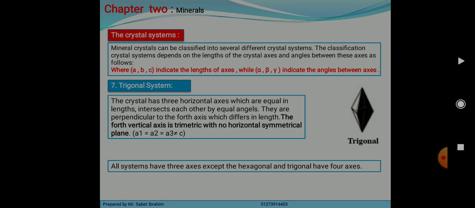So, trigonal doesn't have a horizontal symmetrical plane. And we should remember that A1 equals A2 equals A3 doesn't equal C. All systems have three axes except the hexagonal and trigonal, which have four axes.